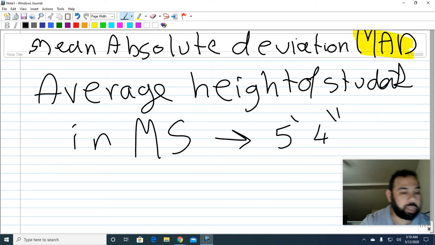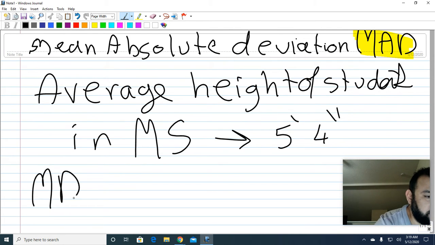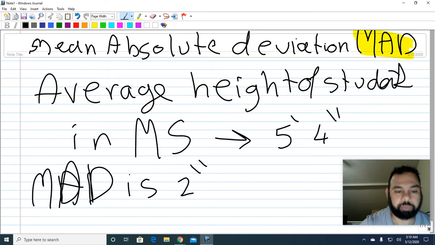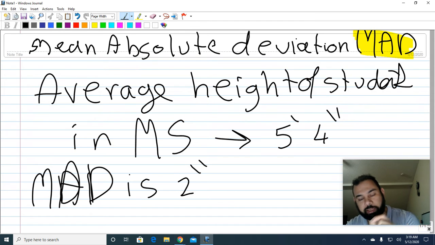What does it mean when you say MAD? Let's say we find it to be 2 inches. This means that whenever you find a student in middle school, the average difference between his height and that average of 5'4" is about 2 inches.